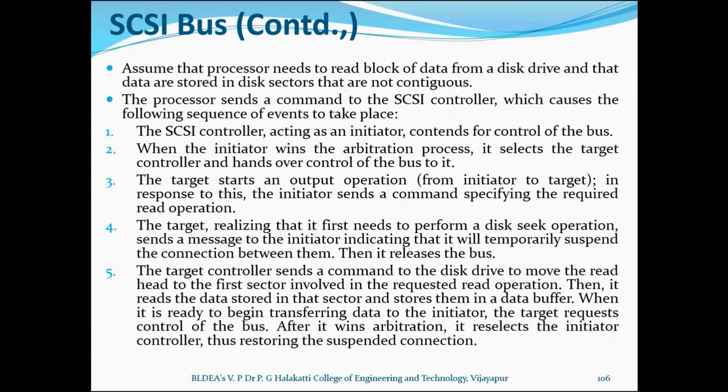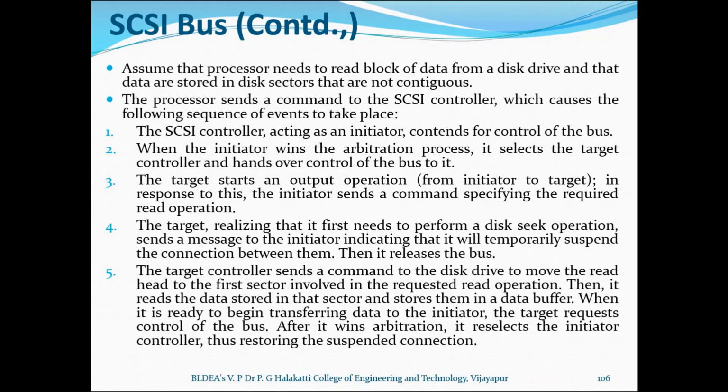Now let's see what are those. First is the SCSI controller acting as an initiator. It contends for control of the bus, that is, stakes claim for control of the bus.